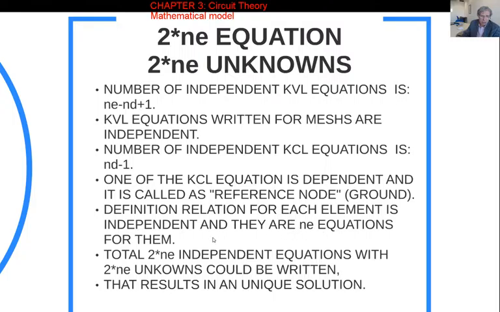The definition relation for each element is independent, and there are NE equations for them. One definition relation for each element, so NE equations. When you add them up, a total of 2NE independent equations and 2NE unknowns could be written. That results in a unique solution.